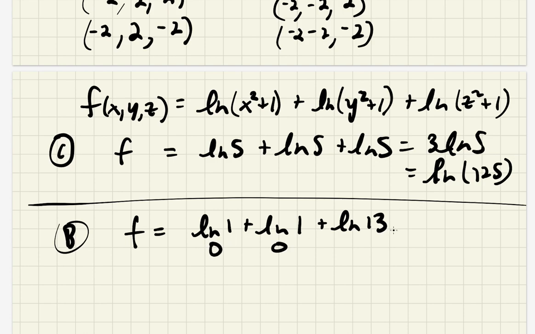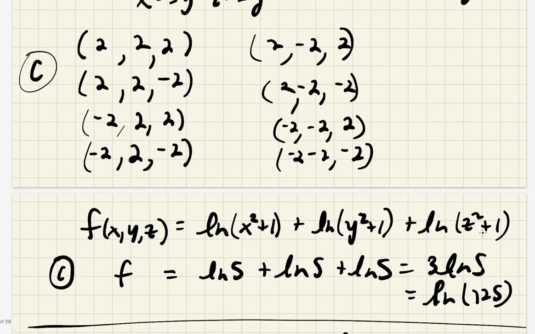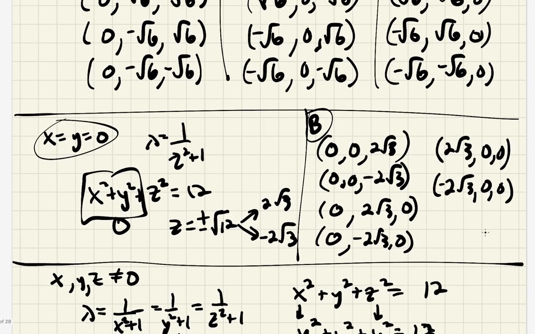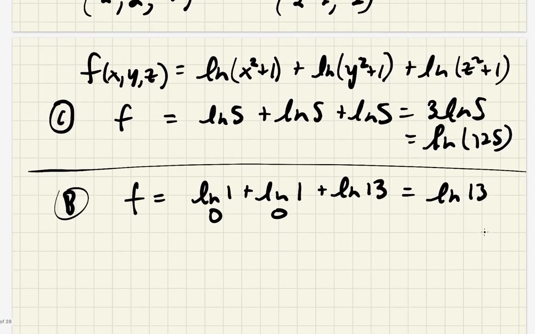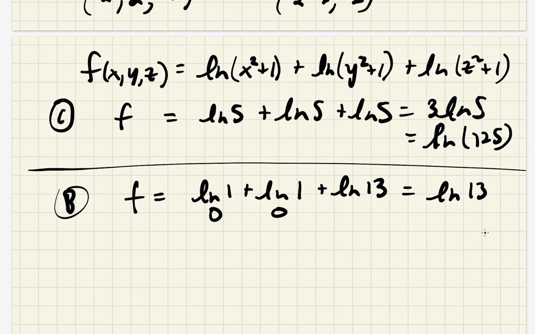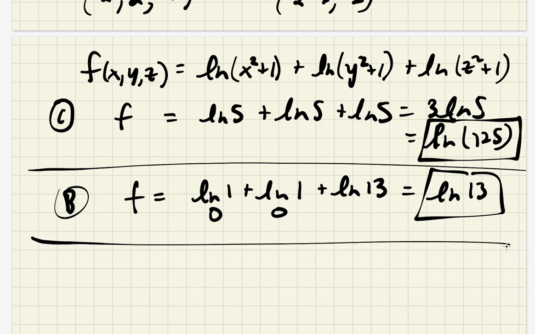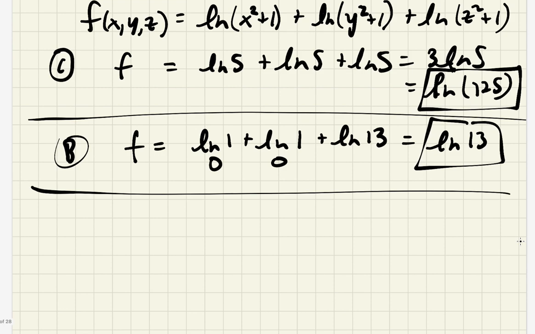These guys are 0. This would be ln of 13 at each of those 6 points there. It'd be nice if it stopped there. Most Lagrange questions only have 2 outputs. But this Lagrange question has 3 different types of points, 26 points in total.